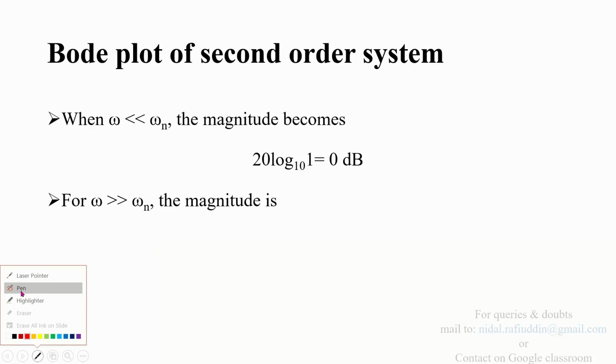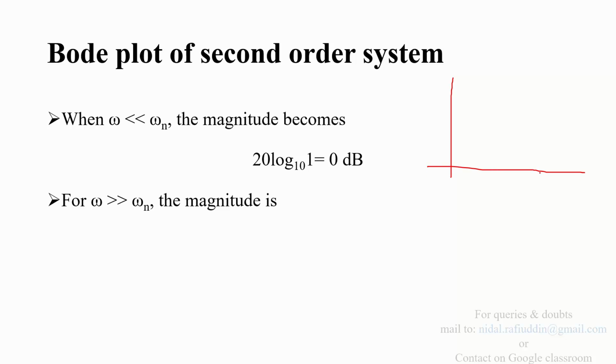So if we try to imagine this on the Bode magnitude plot, we have omega on the x-axis and decibel on the y-axis. Since for omega much less than omega n, we can assume omega n is somewhere on the x-axis here if it is not given in the question in any numerical form. Then omega much less than omega n means all the frequencies lying on the left side of the omega n line.